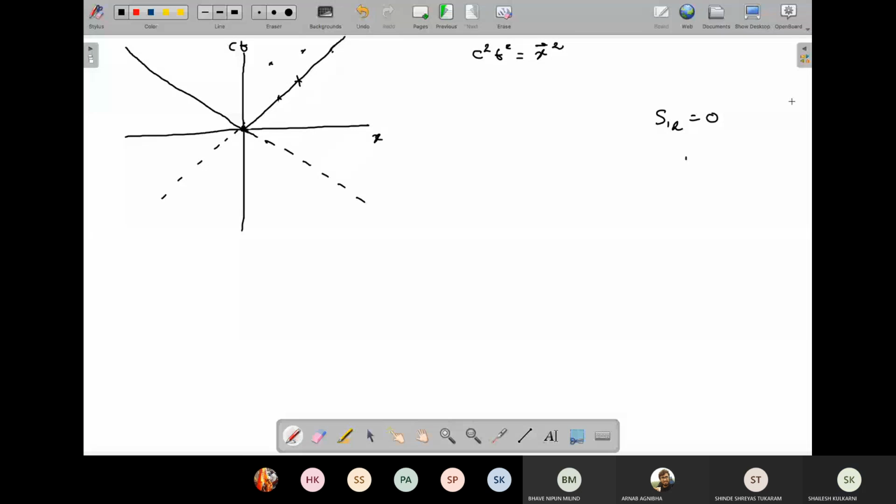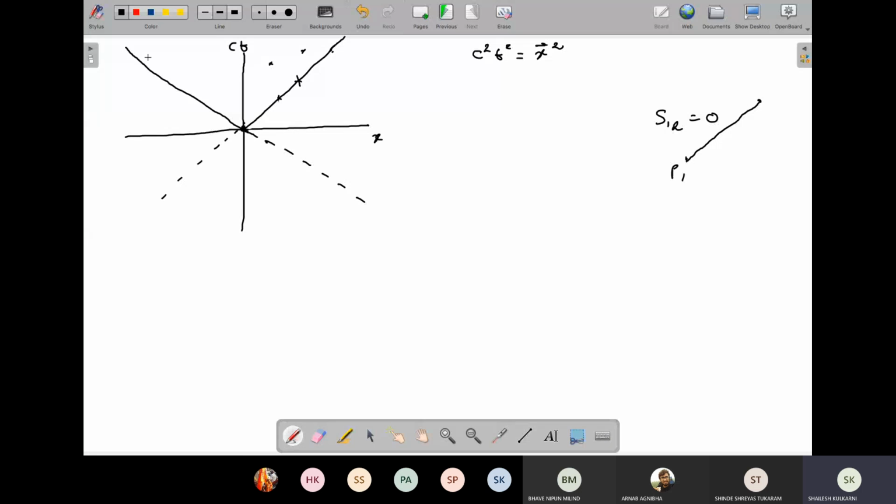The event p1, which is the event of sending the light signal, and event p2 must be null separated. Clear? So we have here the space-time diagram in which the line ct equal to x represents null separated events, and similarly this line also represents null separated events.